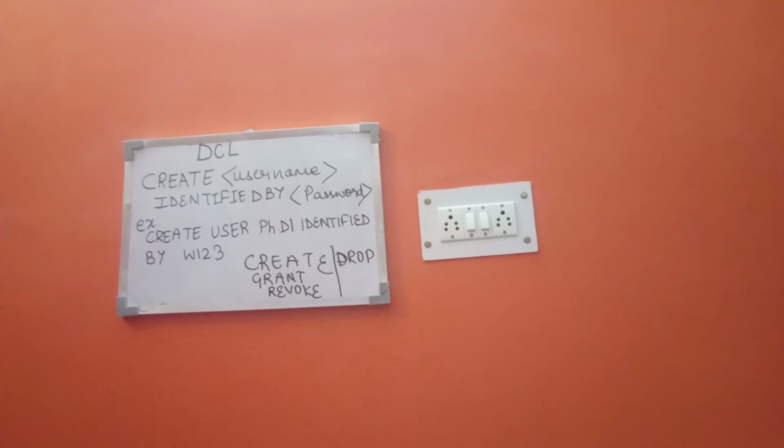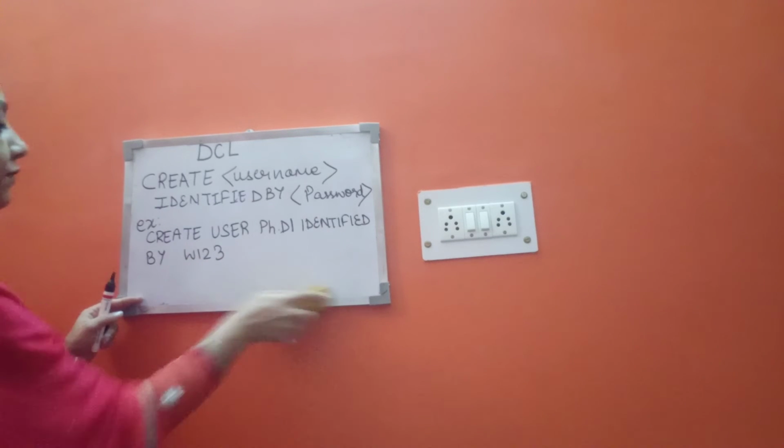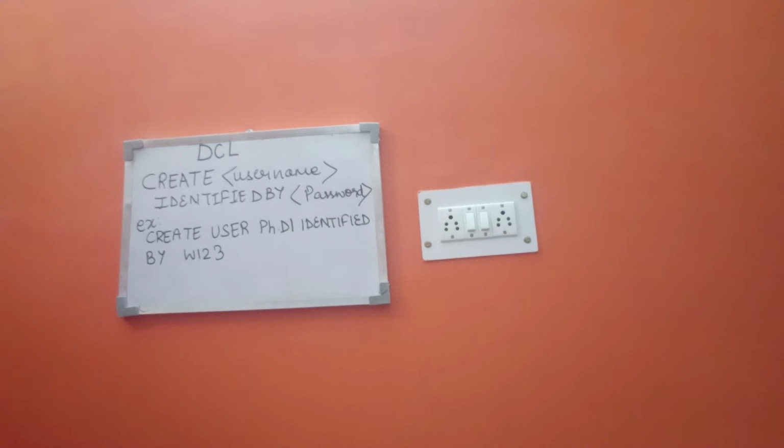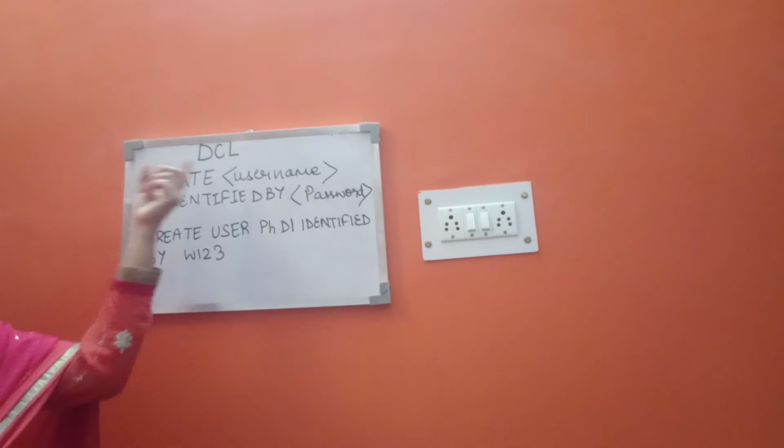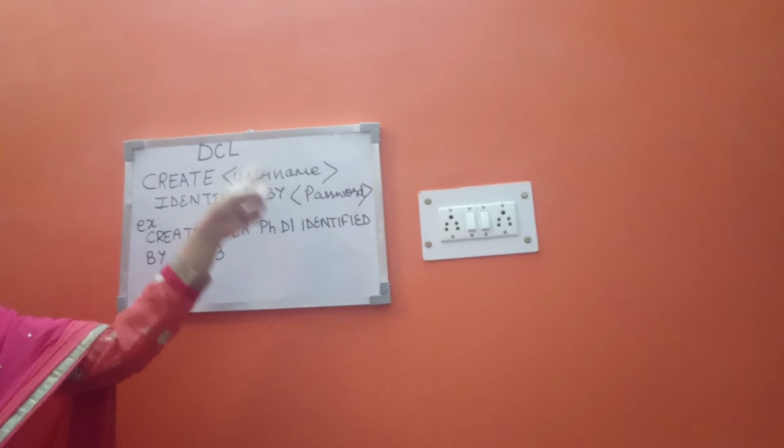We will begin with the create command. Now different users will have access to the database management system. What access has to be provided to which user, or in other words, which privilege has to be provided to which particular user, is all provided with the help of the DCL statements.